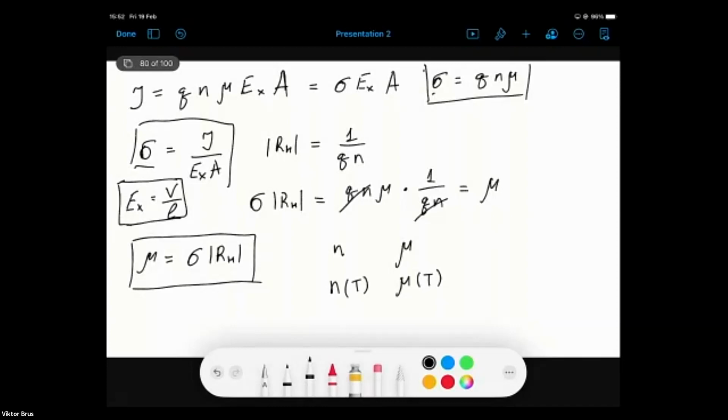So that's why Hall effect is a very critical approach and technique, I would say, like a state-of-the-art technique, which found very wide application in the field of semiconductor physics, since it allows us to determine two very important parameters which describe electrical properties of any material.